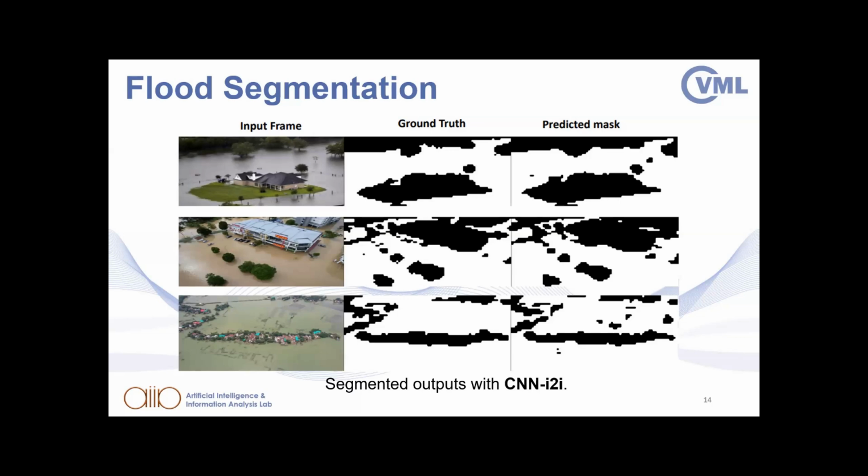And the flooded areas are marked in black, while non-flooded areas are in white. And the right column is the predicted mask. These are the outputs generated by the DNN model, which is the CNN image to image model. And as we see, the model closely aligns with the ground truth and identifies flood very accurately.